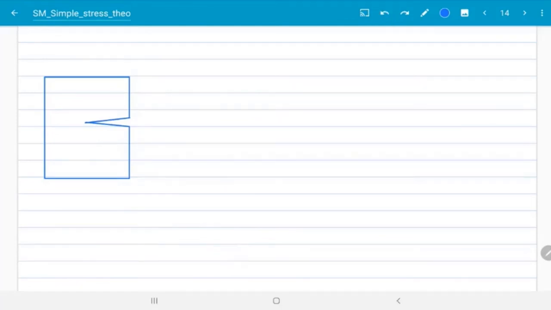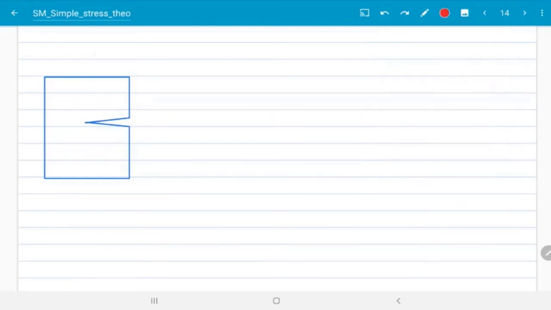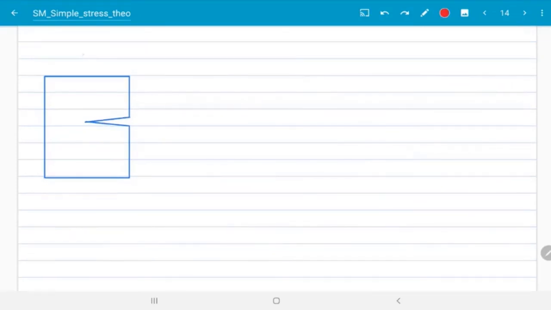Right. Okay. So, a plate with the crack. Now I am going to apply a compressive load. What will happen to the crack? Tell me.